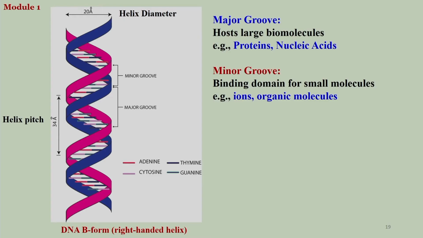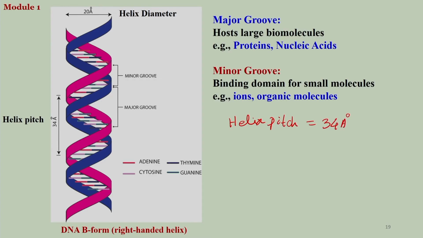So, here this way, and there are a few features that are associated with the structure of this DNA. One is, of course, that if you look at one complete turn of the helix, that is starting from here up to here, this distance is a complete turn of a helix. This is known as the helix pitch, and it is written here, about 34 angstrom.